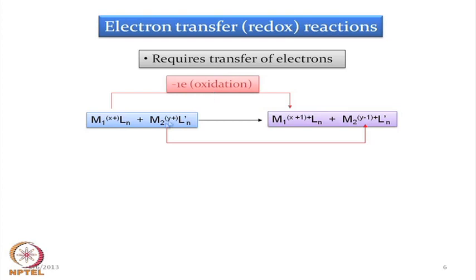That means if we have a cobalt in the +3 oxidation state, then the other is one more higher oxidation state. So it is a +2 oxidation state, and one electron oxidation will take place on this state.